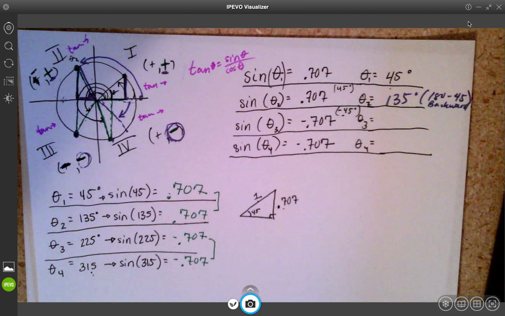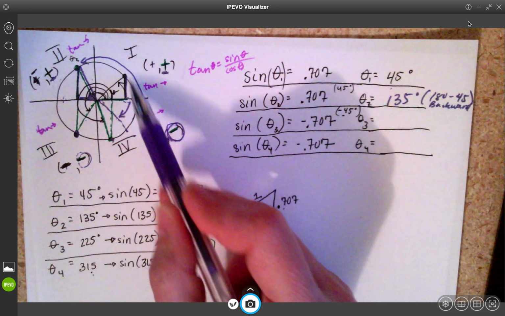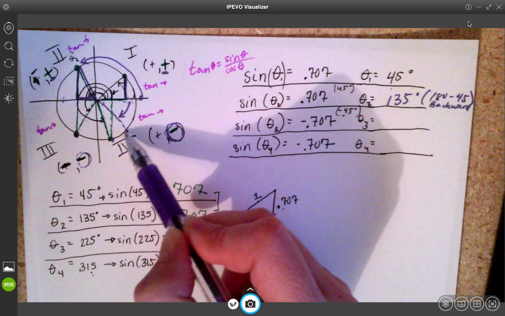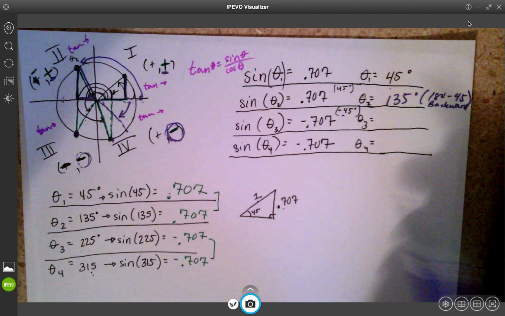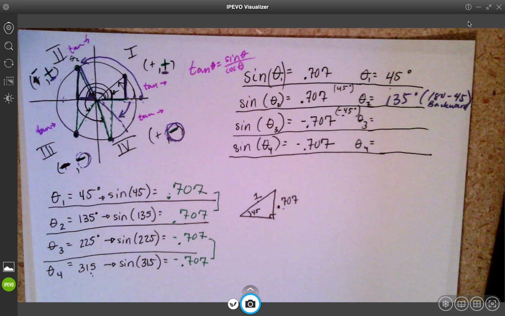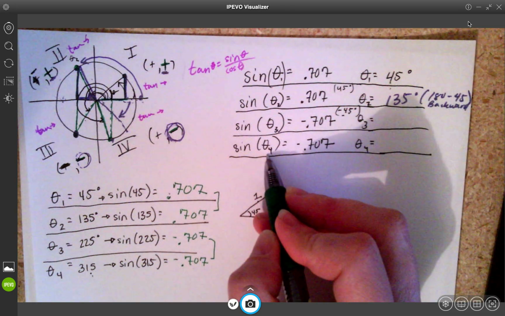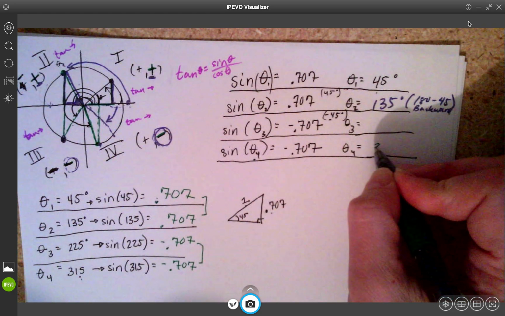So a backwards turn of 45 degrees is basically 45 degrees before we go all the way around 360. So what's 360 minus 45? Well, it's 315. So we're basically using the calculator there to figure out that this guy is 315.